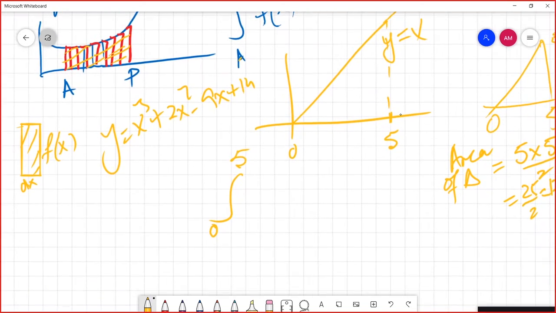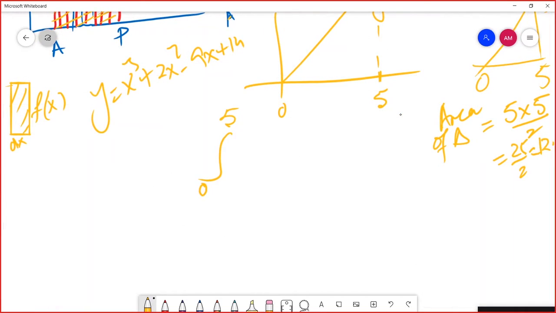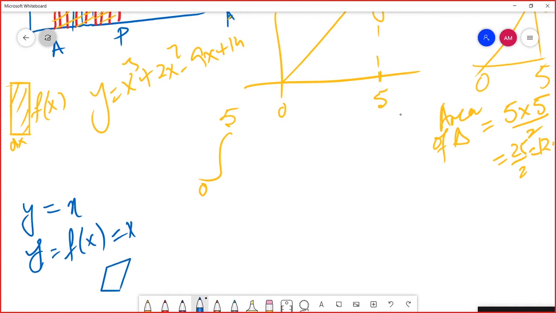But normally, perhaps it would be good to say this. Once you say y is equal to x, it is also something like we say y is equal to f(x), the function of x. Once we say the function, there is an input and there is an output. So for example, in this case, x is the input and y is the output. Do you understand this or no? Because if you remember in your lower classes, you would have done like this.